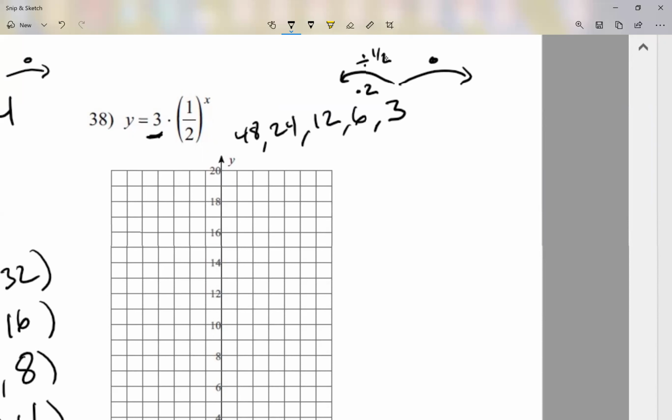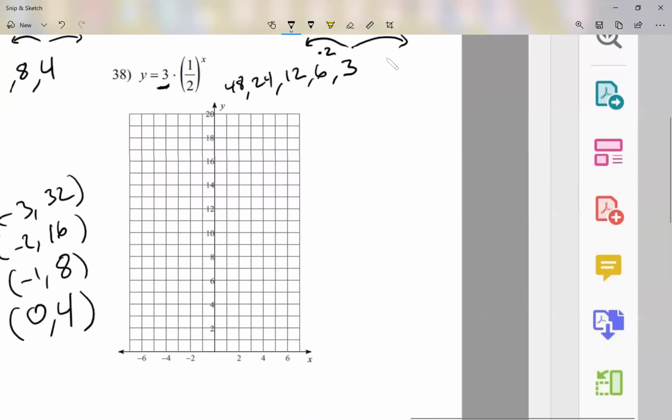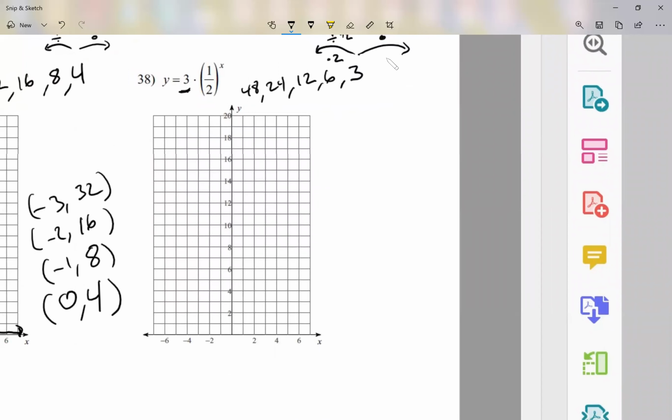Notice I started at 3, but I'm multiplying by 2 to the left. I can always go in my list to the left. I'm multiplying by 2, multiplying by the reciprocal. Just one thing you have to remember though, your initial point is 3. That's your initial value. All right, that's this one. The x value of that is always 0. Always.